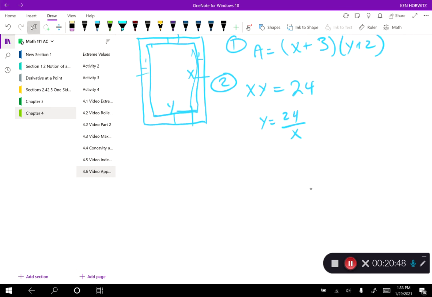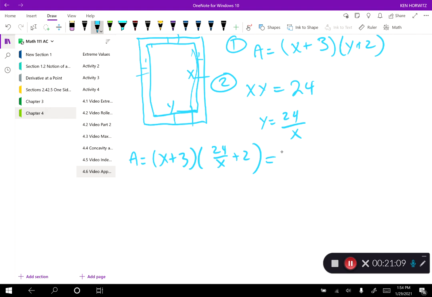And now I can take that and plug it in for y in my primary equation. So I have area equals x plus 3 times 24 over x plus 2. And I want to multiply that together.